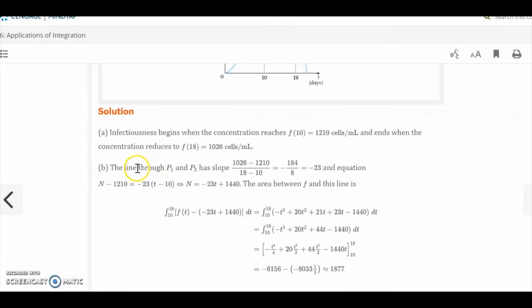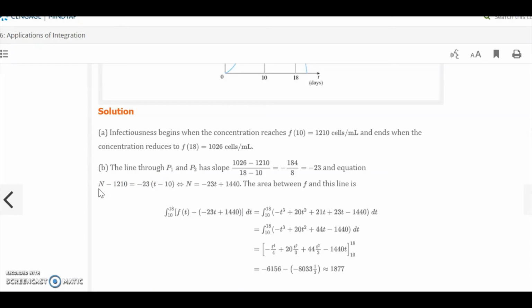So looking through, they have the 2 points. They find the slope between the 2 points. So again, we're taking the y values over the x values, and we get minus 23. So the equation, you can pick any point. They're using point slope form.